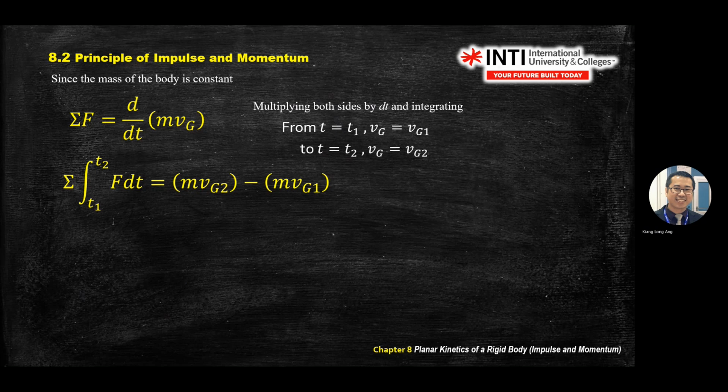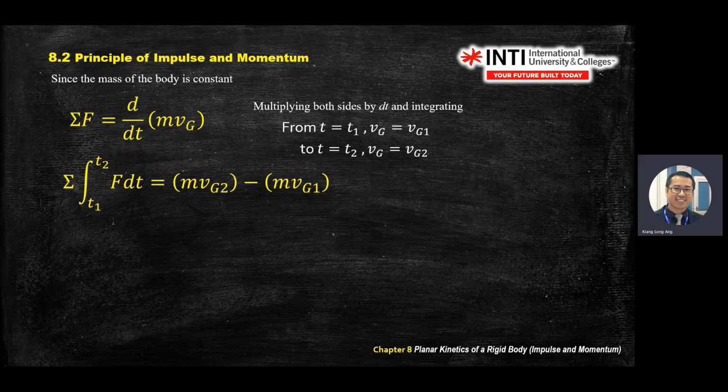Okay. So you do integration because this is a differentiation. When you have dt, you pull your dt to left hand side. So F dt, m dv, you integrate both sides. Left hand side, you get F dt. Right hand side, you get mv. Right? This basically is the principle of impulse and momentum already.